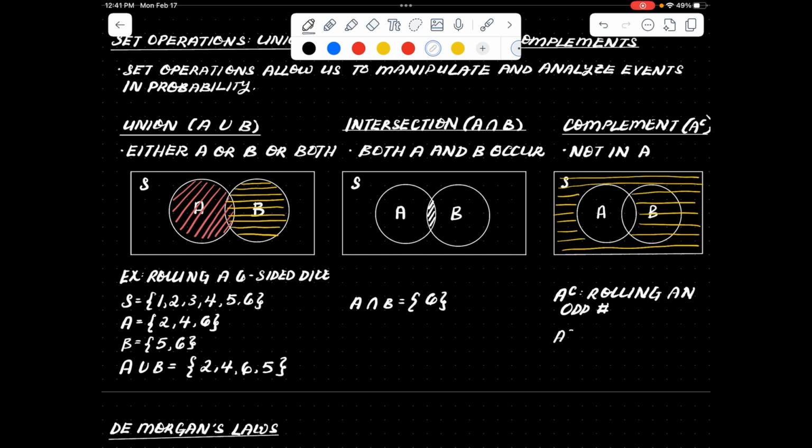So then A complement is just equal to 1, 3, or 5.